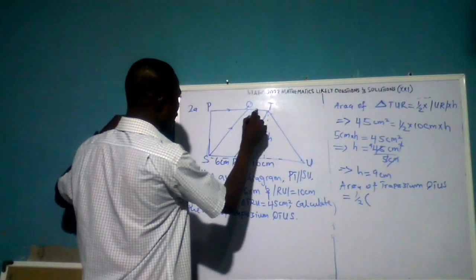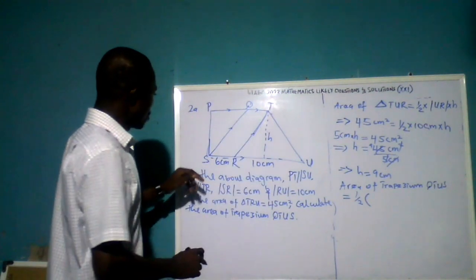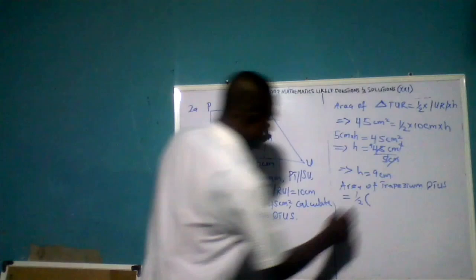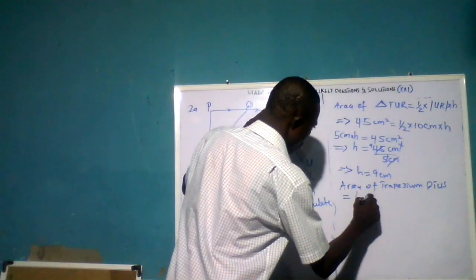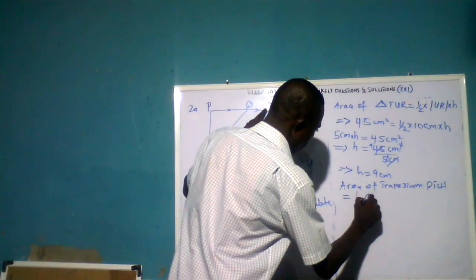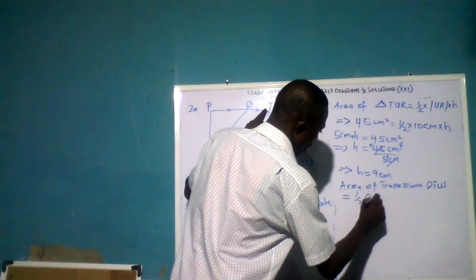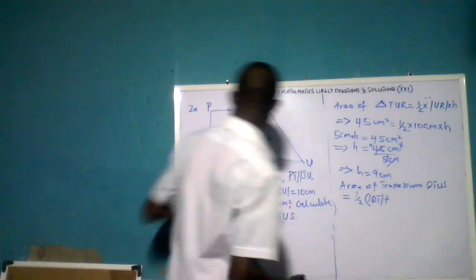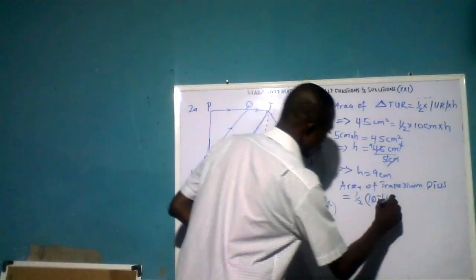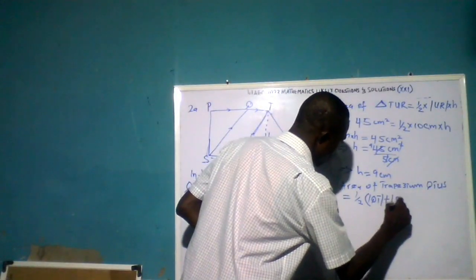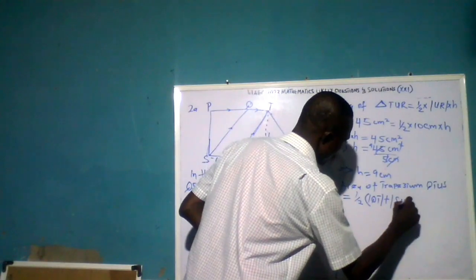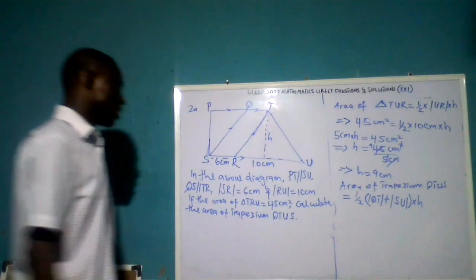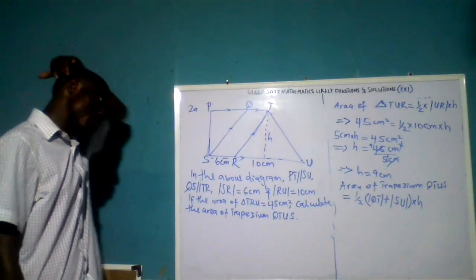Don't forget this line is parallel to this. So therefore, you have half of the magnitude of QT plus the magnitude of SU, multiplied by height. That's the area of this particular trapezium.